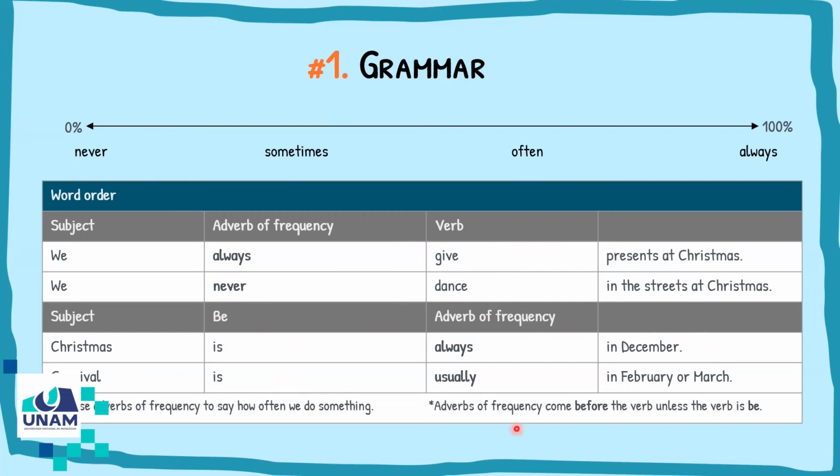Los carnavales son usualmente en febrero o en marzo. Y ahí ya no podemos decir siempre, porque hasta estamos diciendo febrero o marzo, ¿no? Pero de que va a ser entre esos meses, sí. Por eso utilizamos usually. 90% de probabilidad. Es mucho mayor a las de los anteriores, ¿no?